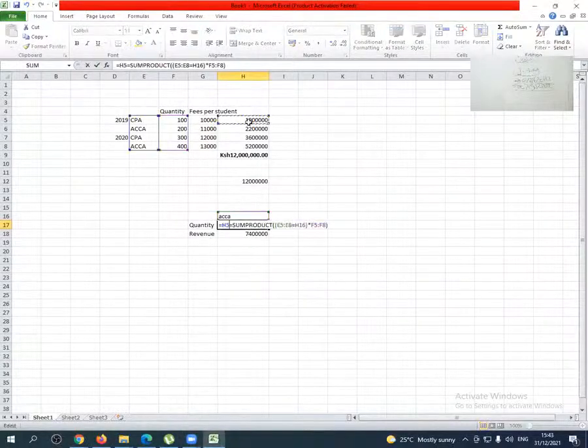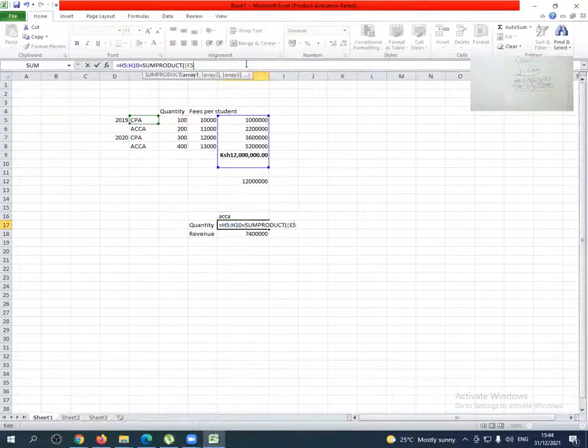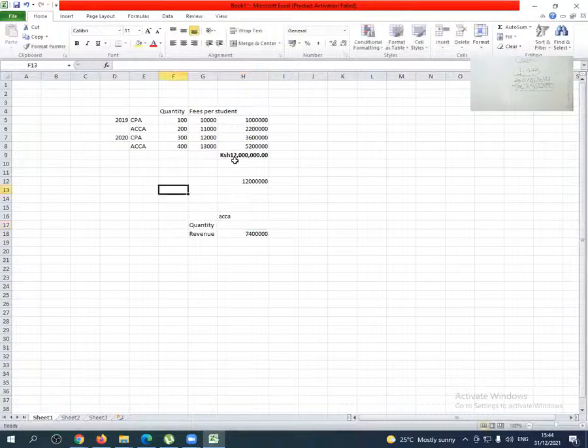Now, this is a small, very interesting example that I would want to make use of. What I've been able to do here is take the number of students at our college, with hypothetical assumed figures, and fees per student.